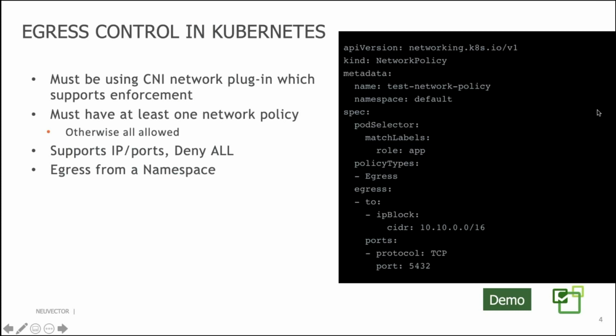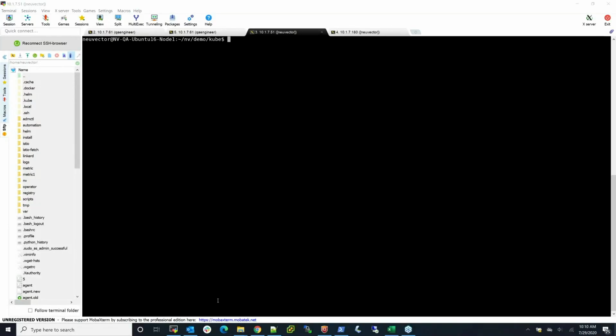So with that, I'm going to turn it over to Selvam to do a quick demo of how to do egress control in Kubernetes. Hi, everyone. Welcome to the demo. This part of the demo, I'm going to show you how network policy can be used in Kubernetes for controlling traffic.